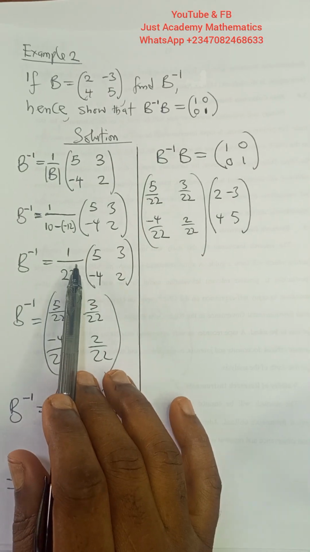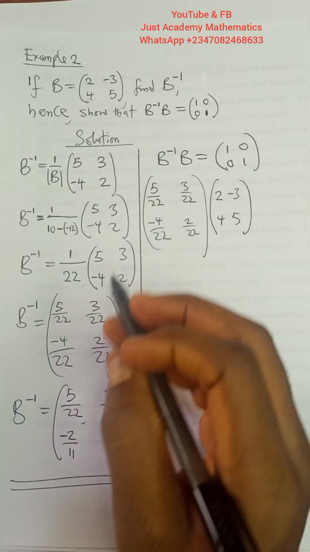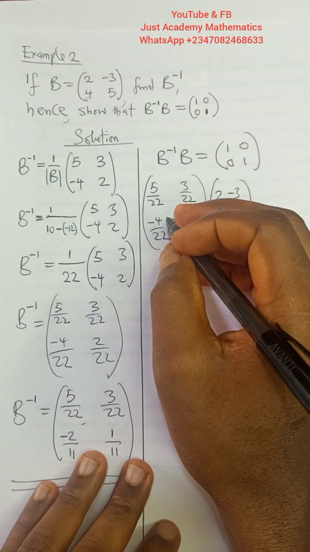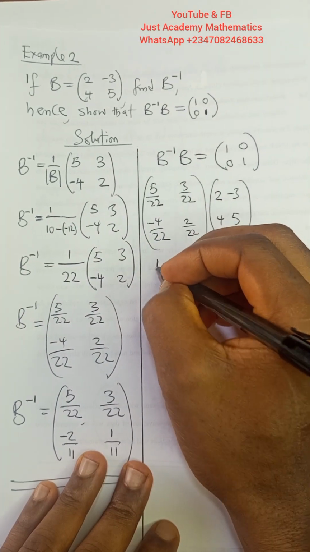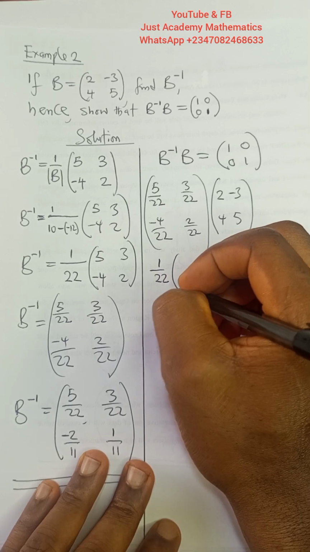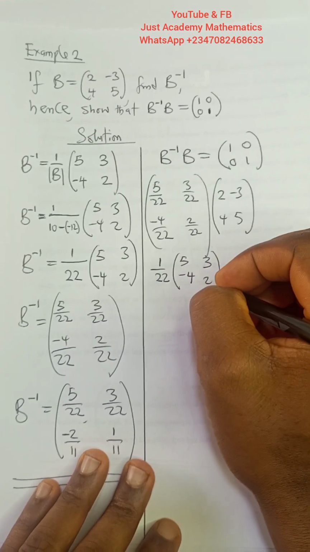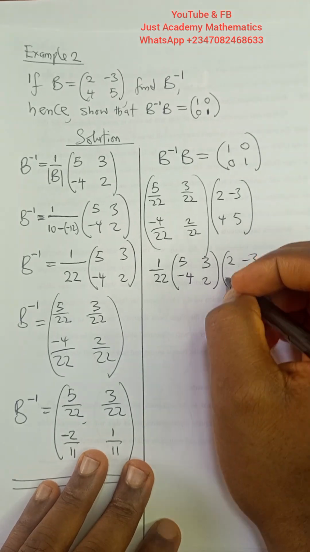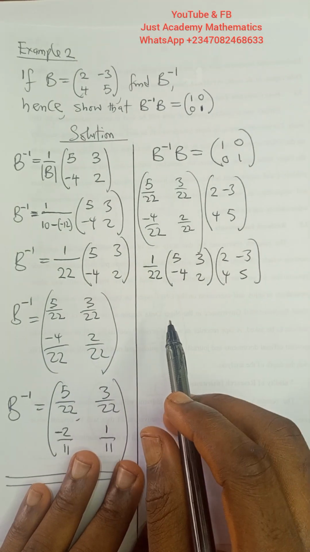In that case, instead of using this fraction to multiply, we can present it like this. This is what I mean: 1 over 22 times 5, minus 4, 3, 2, then times 2, minus 3, 4, 5. I think it's better now. So let's see what happens.